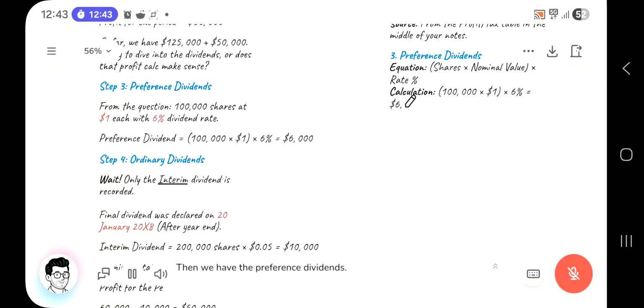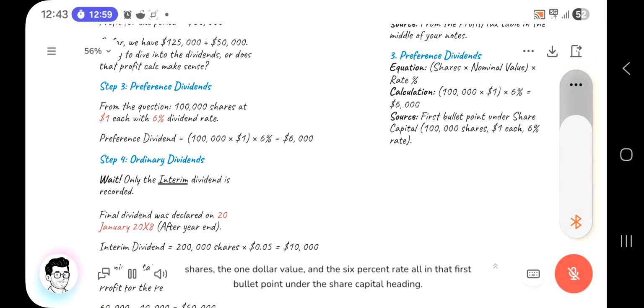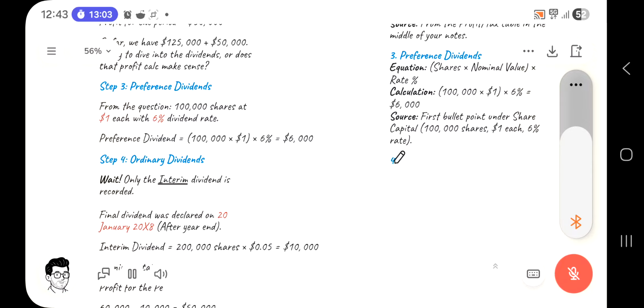Then we have the preference dividends. The equation is the total value of the shares times the rate. We found the 100,000 shares, the $1 value, and the 6% rate all in that first bullet point under the share capital heading.